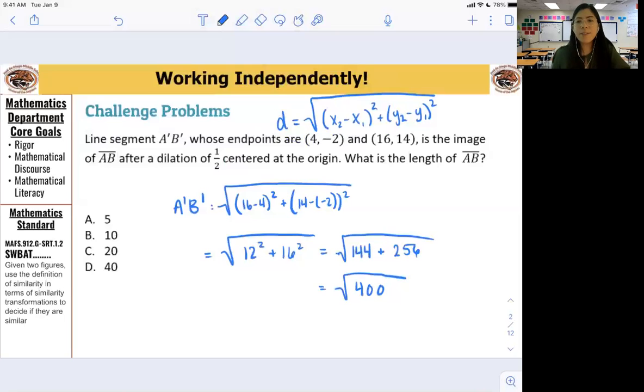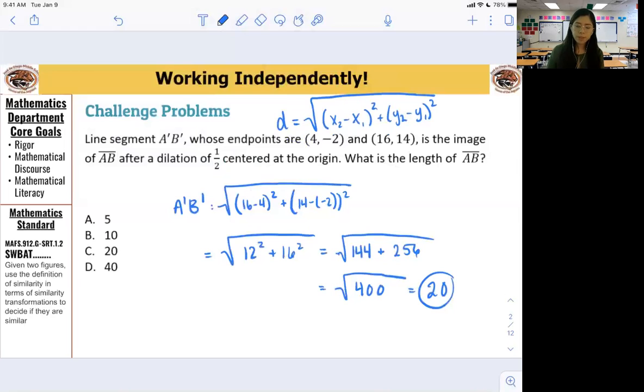And what is the square root of 400? 20. Is that my answer? I'm confused. Every time you solve a problem, reread the question just to check. So what did we just find?